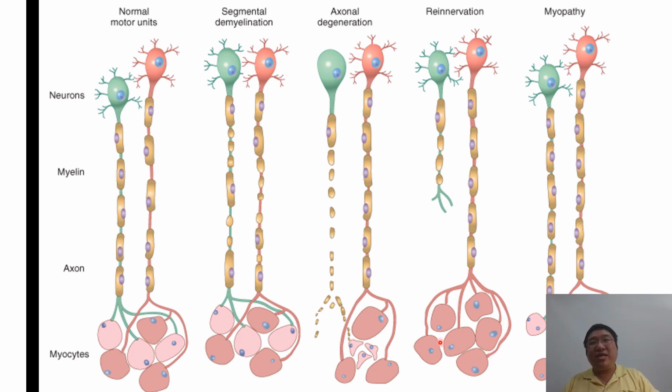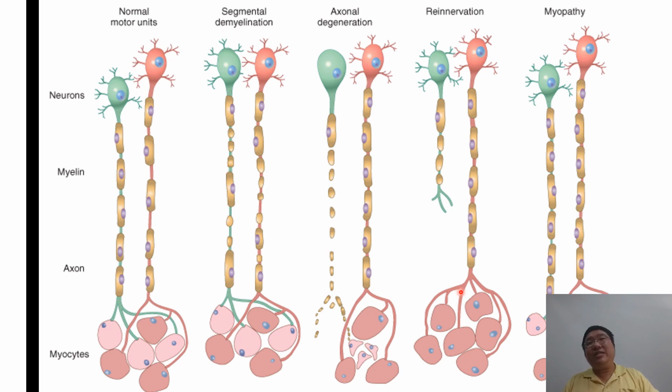There must be some motor units that have been destroyed, and the muscle fibers are supplied by adjacent unaffected motor units instead. So the checkerboard pattern is gone.